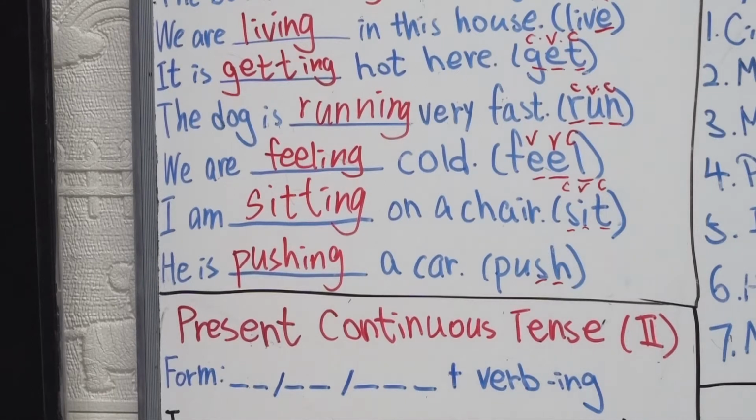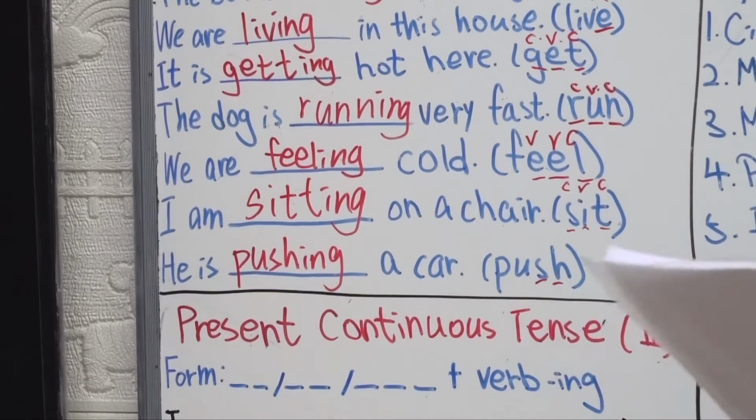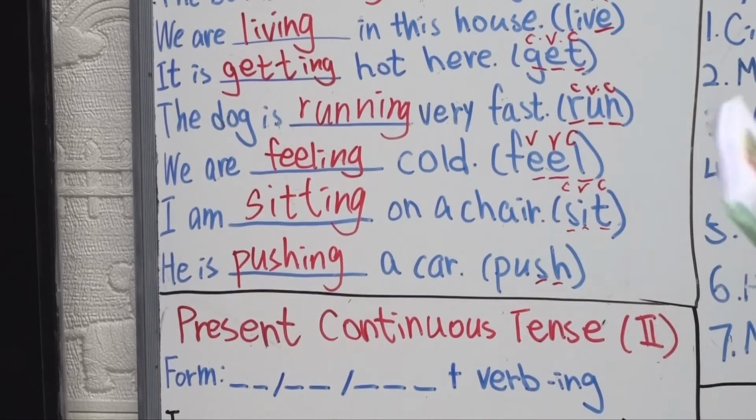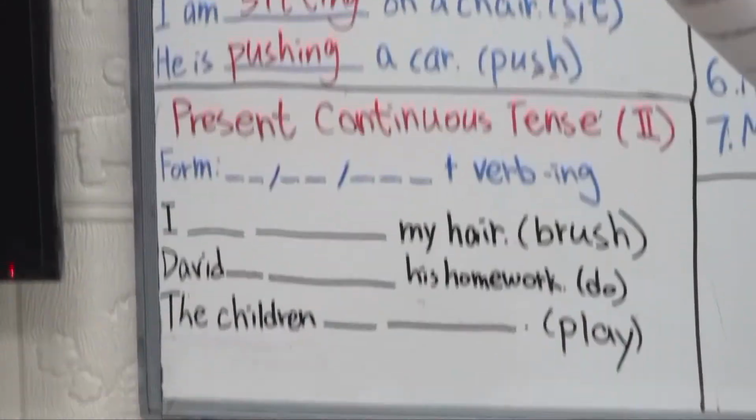So you know how to form the verb in present continuous tense: verb plus ing. Today we'll be discussing some of the spelling rules and what we add before we change the verb in present continuous tense. Please turn to page 17, present continuous tense 2.